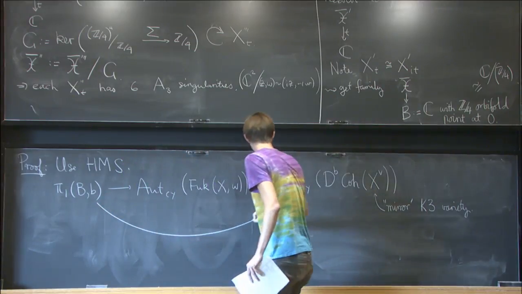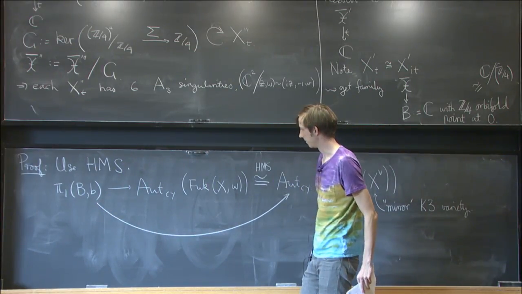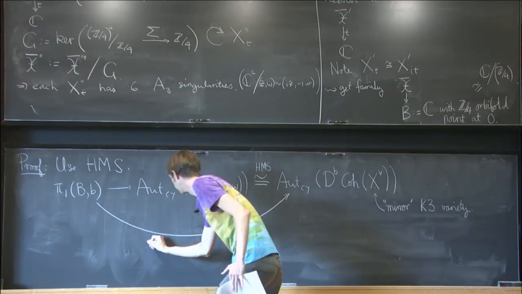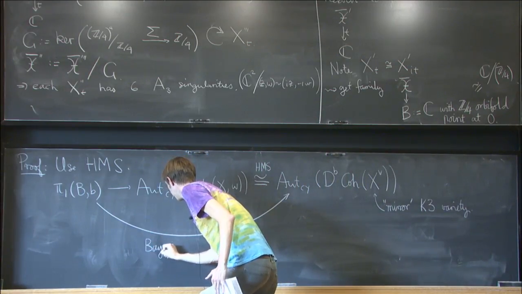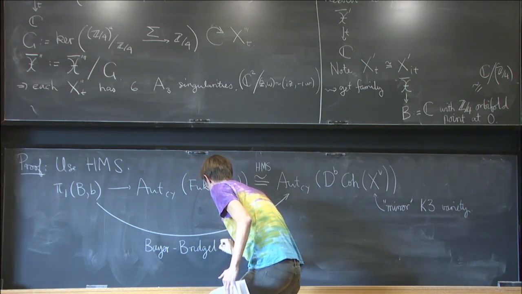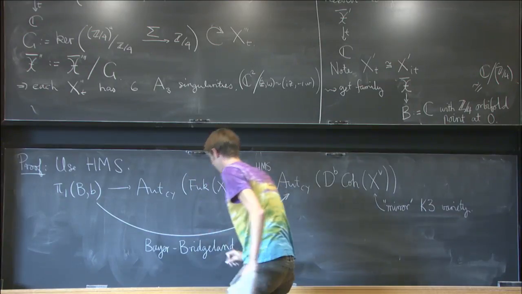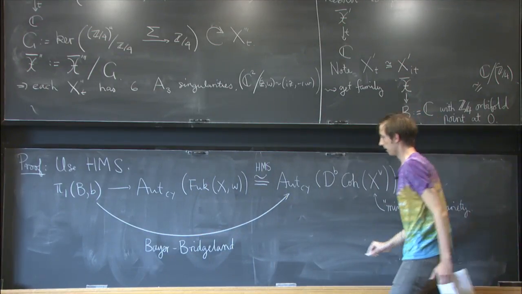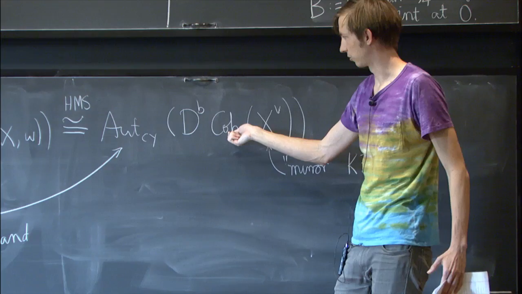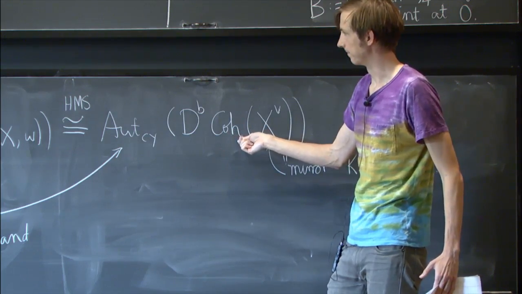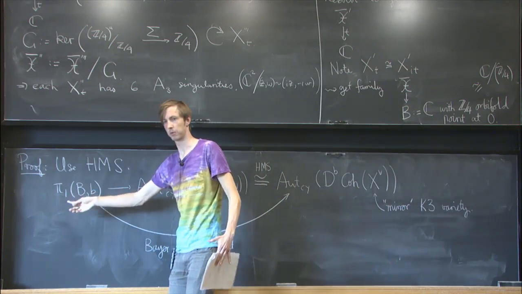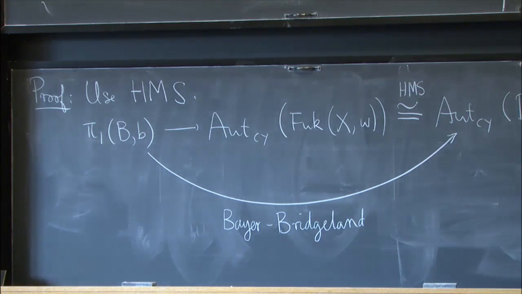And the real heavy lifting to prove this theorem is done in a paper by Aaron Beyer and Tom Bridgeland, who basically compute what this autoequivalence group is, and they express it as pi1 of a certain space of stability conditions on the category.